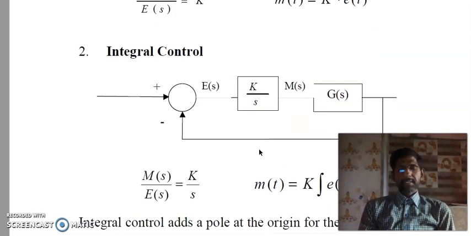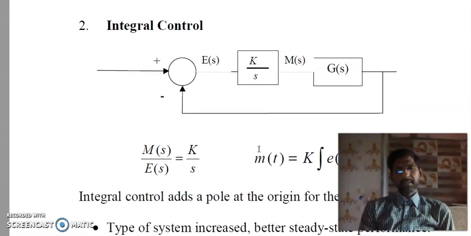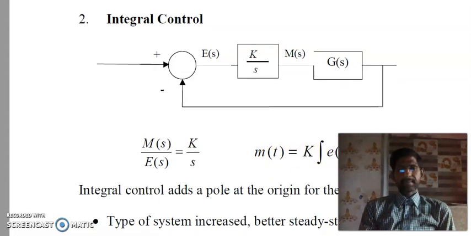What do you mean by k by s? Output divided by input. If you convert from the s domain to the time domain, we can write it as M of t equals k into integral of E of t into dt.